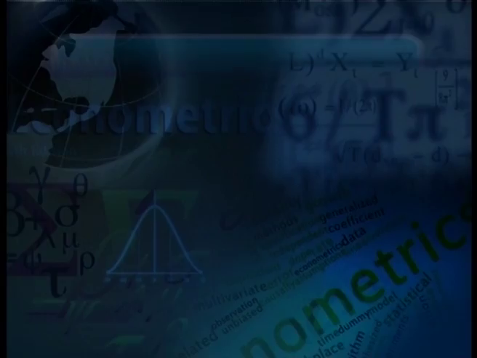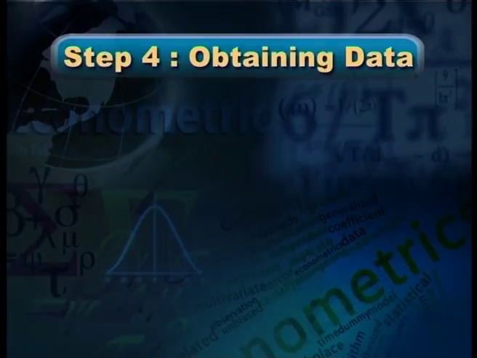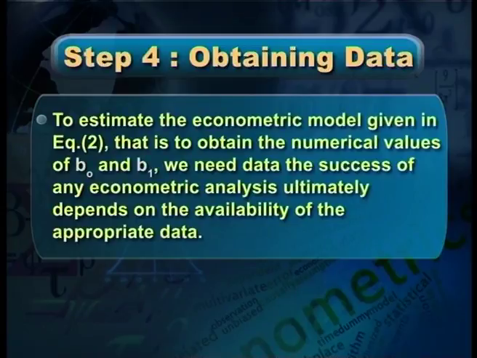Then next, in step 4 we have to obtain the data to estimate the econometric model given in equation 2. Y we already know, x is also a known variable, but b0 and b1 we do not know, and u also we do not know.